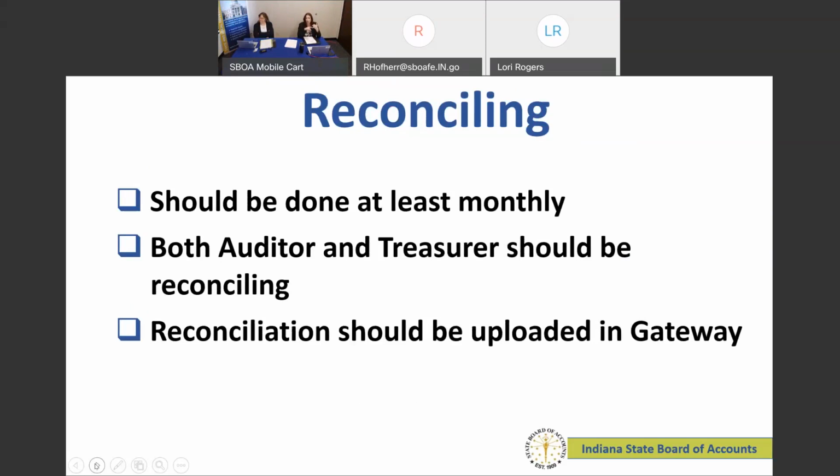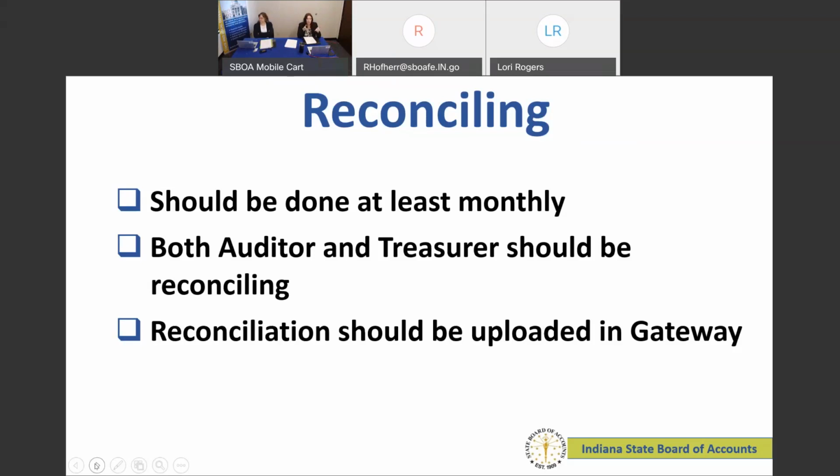That way, if you're off, you have one day to go back and look to see where the differences are. But in statute, it just says at least monthly, okay? So we would strongly recommend doing more than monthly, especially with the size of counties and the amount of transactions you do. That's a lot of times the question, oh, I'm off from the auditor by such and such amount, okay?